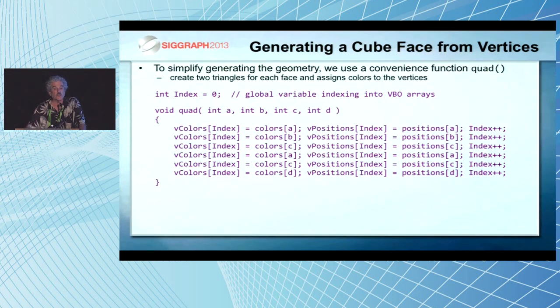So what does this function do? It puts into the array the color and the position of that vertex. And it also increases the index, because in a more general application I may not know that there's 36 vertices or a fixed number. So every time I put something in that array, I'm increasing the index. And in the end, it'll come out to be 36 for this one.